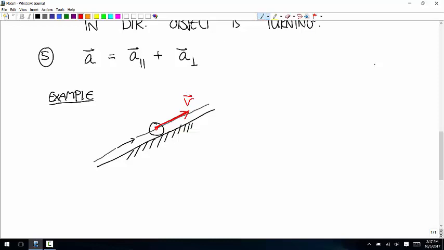And now we have to draw the part of the acceleration that's parallel to that velocity vector. Would this be speeding up or slowing down? Slowing down. So do I put A parallel in the same or opposite direction of the velocity? Opposite. So there's A parallel.